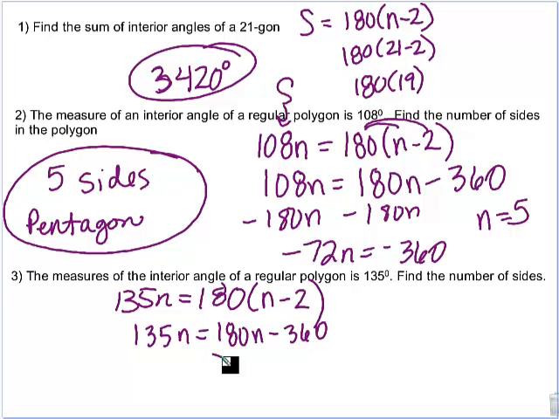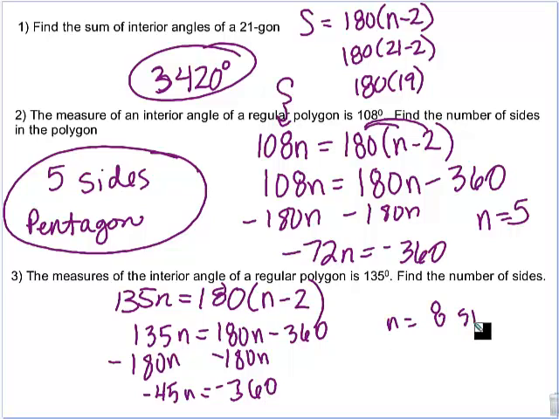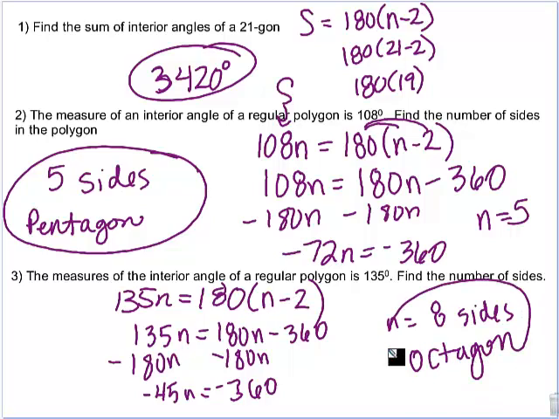Subtract 180n. Yeah, not divide. Okay, so now we have negative 45n is equal to negative 360. 8 sides? So what type of shape? Octagon. Is that okay? Wouldn't it be negative though? No, they're both negative, so when we divide it becomes positive.